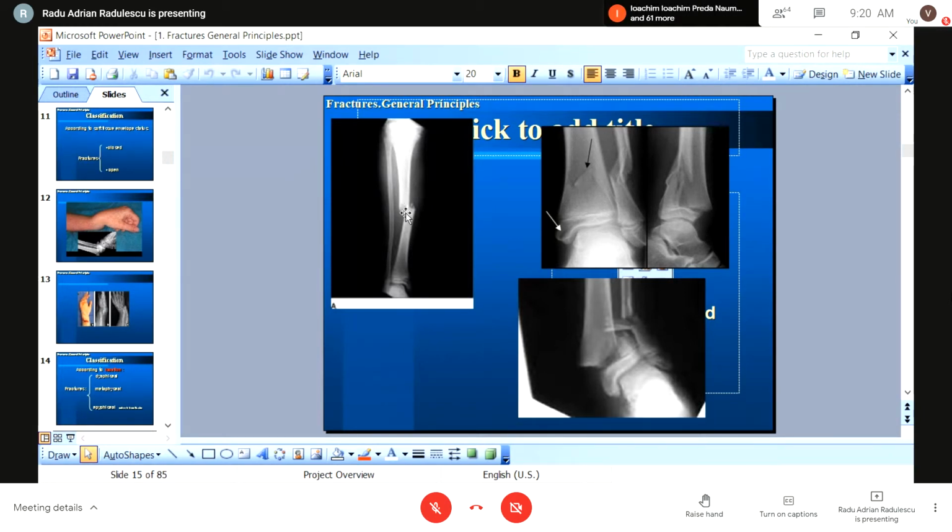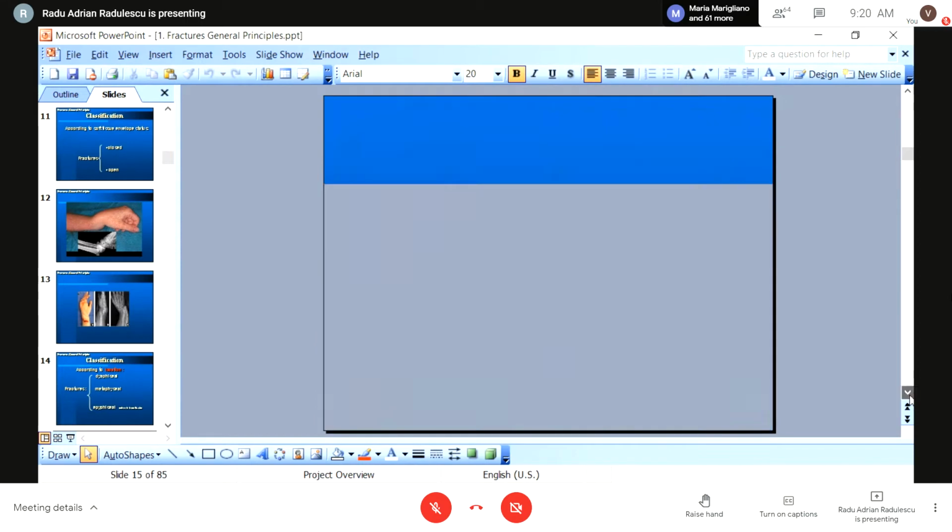So this is a fracture of the middle third of the tibial diaphysis, like we can see. This is a fracture of the distal epiphysis of the tibia, exactly like this one. All these fractures being extra-articular fractures, so no fracture line goes into the joint. This is very important for the treatment.